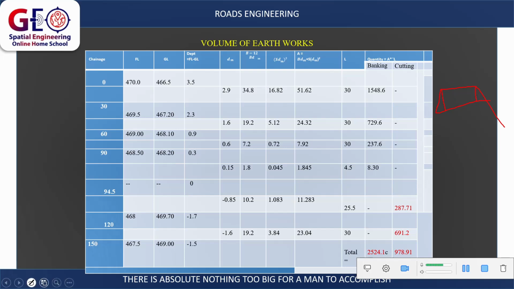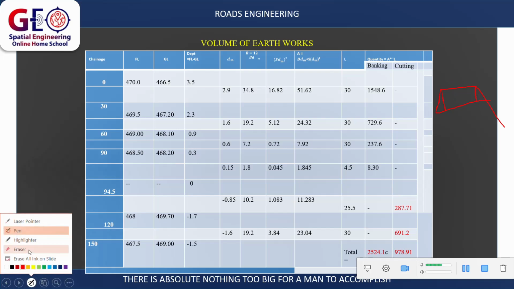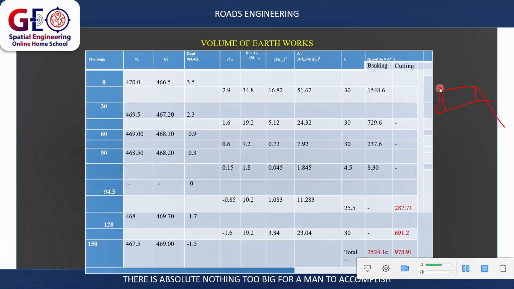The B is the distance from this point to this point, which is our formation width of the road, and the depth. This is the depth. So we can calculate the area of this portion, which is B times D. Of course, it's a simple rectangle.